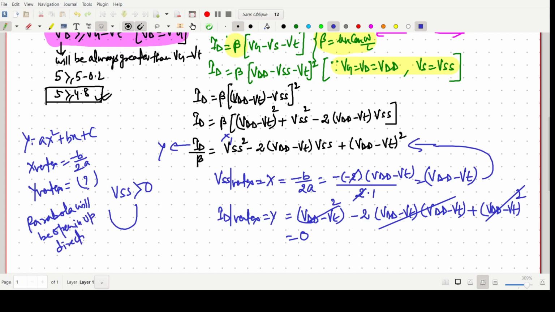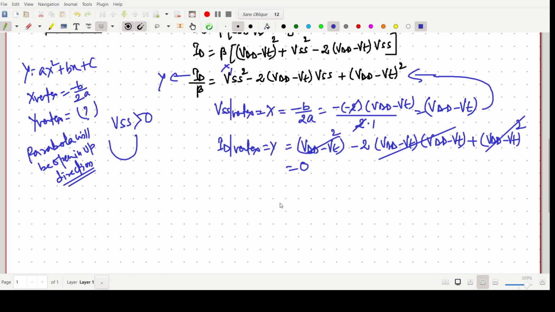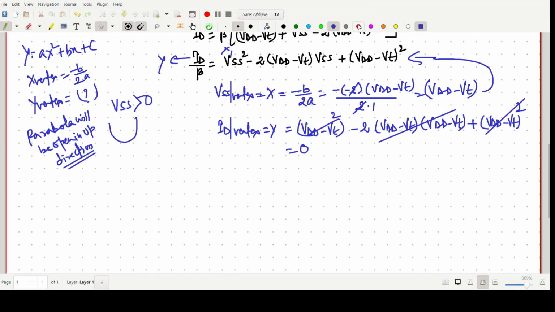I am doing this step by step, that's why I am taking some time. If anyone has to plot this one, this is our ID, that is our y axis, and VSS is on the x axis.